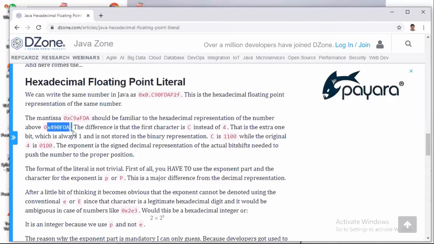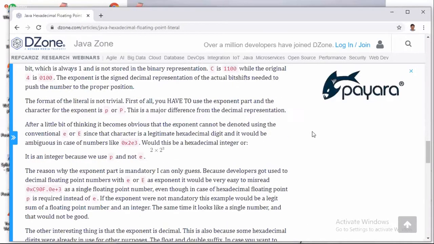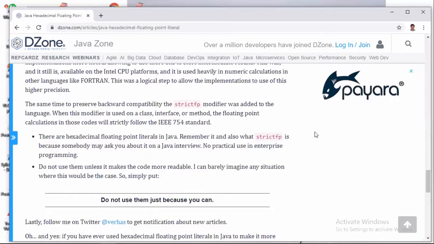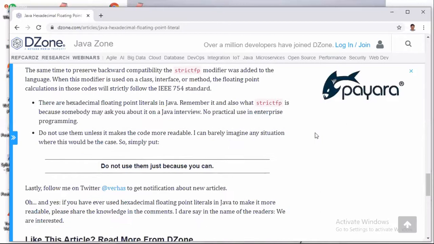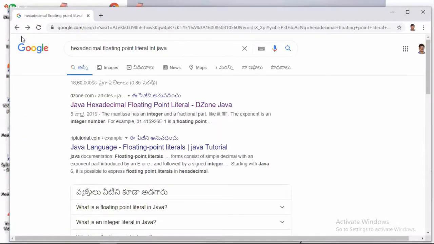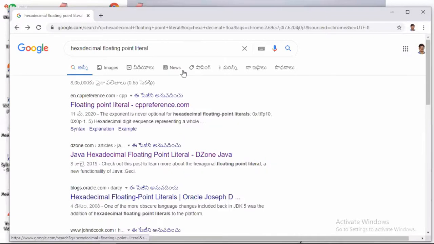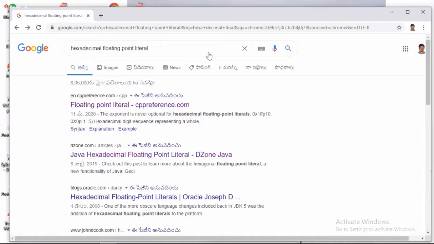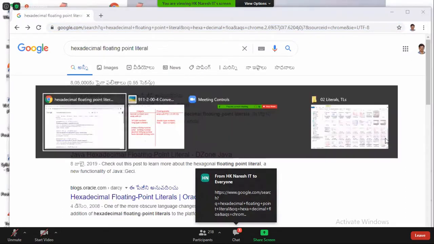Try in your system: open EditPlus and try it. Just try to read, because this is a lot of calculation. Your mind should be connected to the subject, then only you can understand. So just go through these articles. Type floating point literals and you will get the search page. I am sharing the search page to you. You can save it.